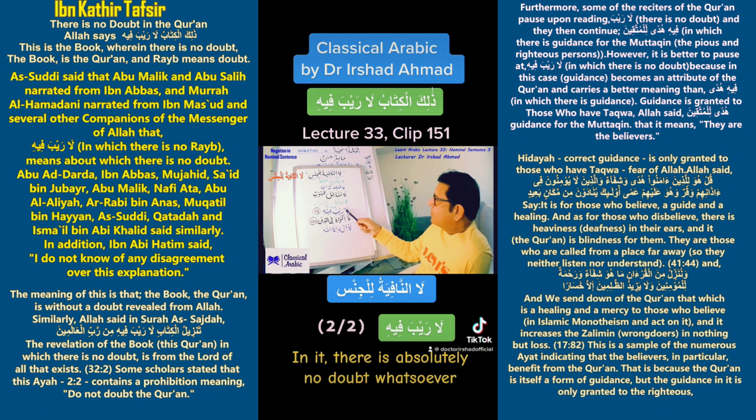But this noun has been used without tanween in nasab and it is indefinite. So la rayba, there is absolutely no doubt whatsoever. That will be the way to translate it. Translation becomes difficult really, but if you try to bring the correct meaning in a translation, whichever language you use, you will use these kinds of words.